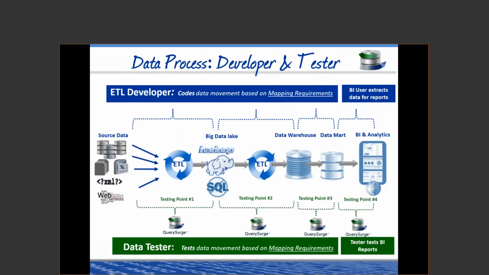So what testers do in using QuerySurge is they can create tests around these different endpoints, and after these jobs run that are going to move data from a source to a target, QuerySurge can execute its tests, and we're able to pinpoint exactly which job introduced the defect and where the bad data came into the architecture.